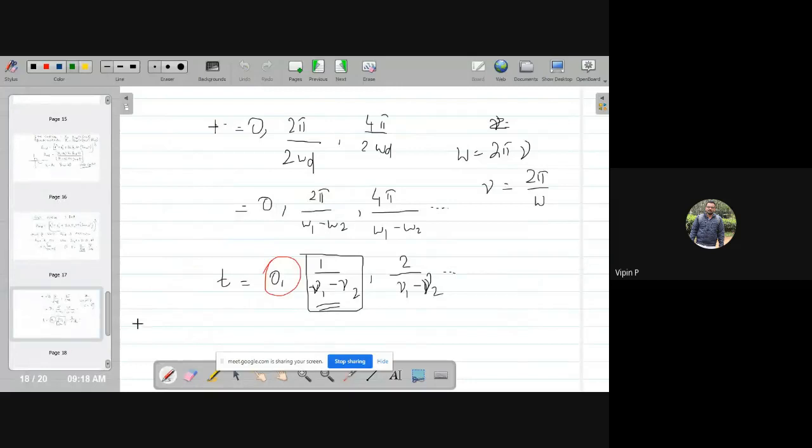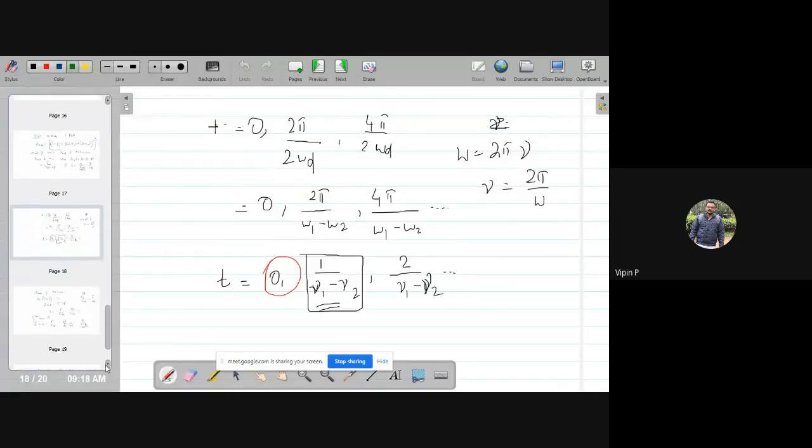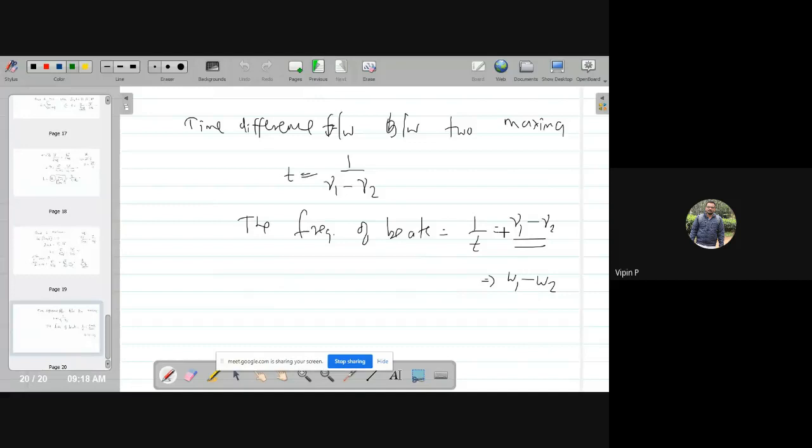So the beats happen with a frequency equal to nu1 minus nu2, which is actually twice the frequency with which the amplitude itself is changing. This is what happens when oscillations with 2 different frequencies superpose each other. So you have a modulated thing happening.